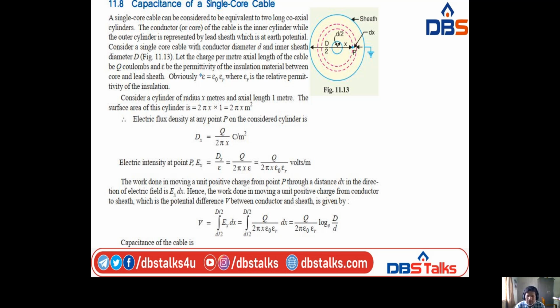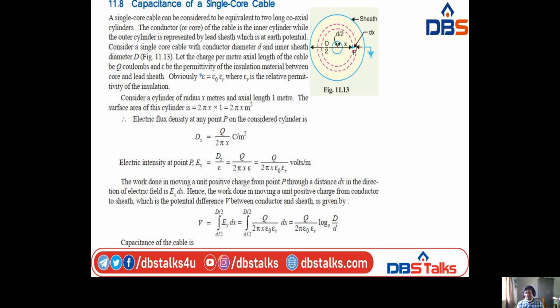Applying the limits, small d by 2 lower and capital D by 2 upper, we get log capital D by 2 minus log small d by 2. Log A minus log B is log A by B, so this is log of capital D by 2 over small d by 2; the 2 cancels, giving log capital D by small d base e. So the potential difference between conductor and sheath V is Q by 2 pi epsilon naught epsilon r log capital D by small d base e.